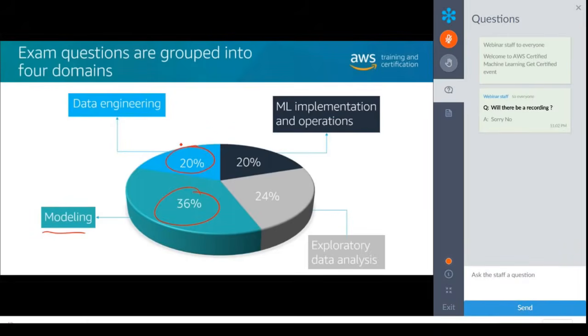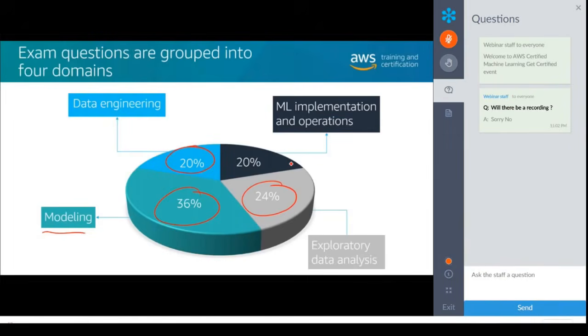So these 2 components right here, data engineering and modeling, comprise over 50% of the exam, as you can see, right? And when you're doing machine learning, I would say it comprises over 50% of what you work with, right? But there's also EDA, exploratory data analysis. This is sort of the common sense part of machine learning. Sometimes machines are not the best. Humans are still pretty good too, right?